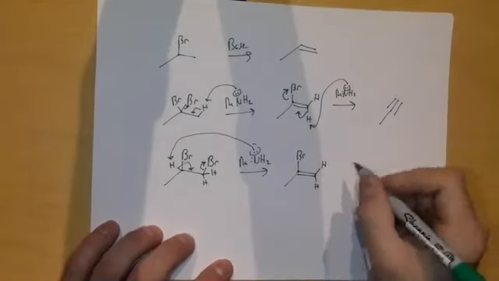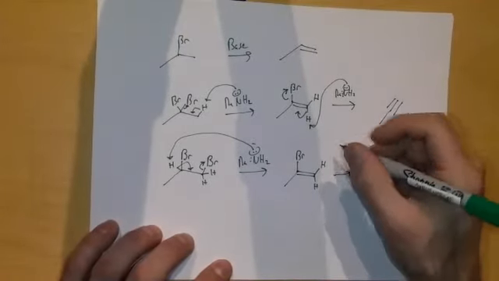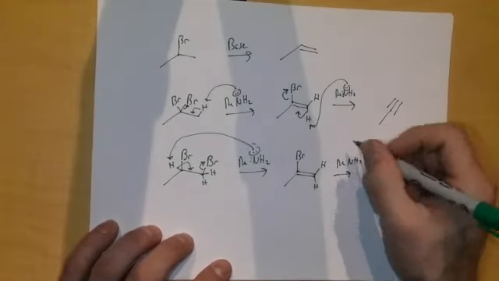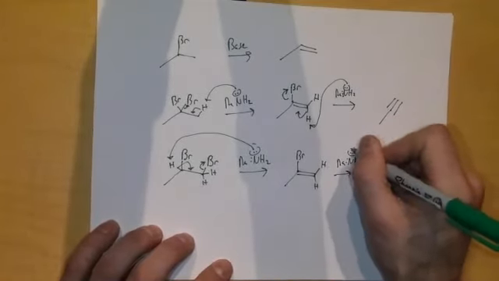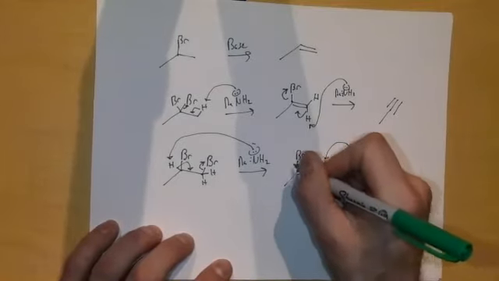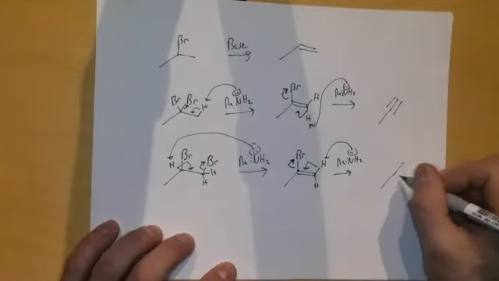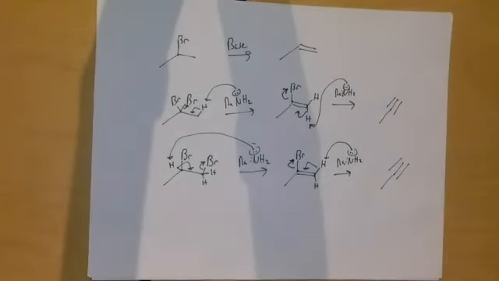Then another equivalent can come in, pull off this proton, and get us our triple bond.